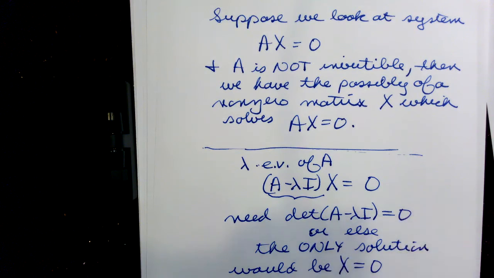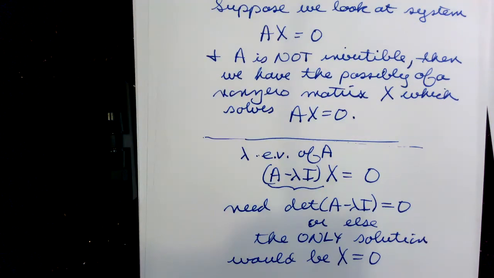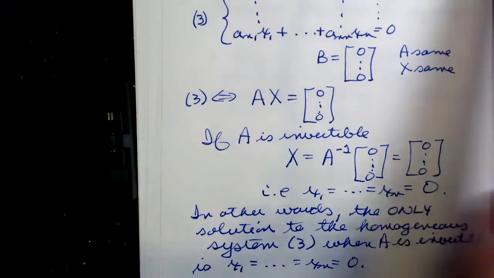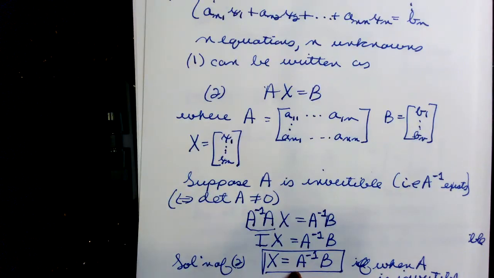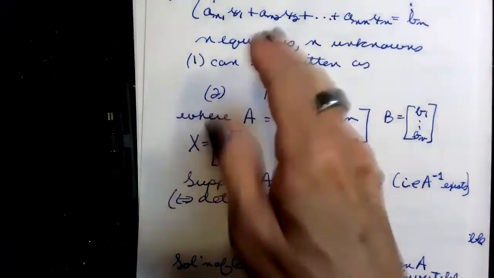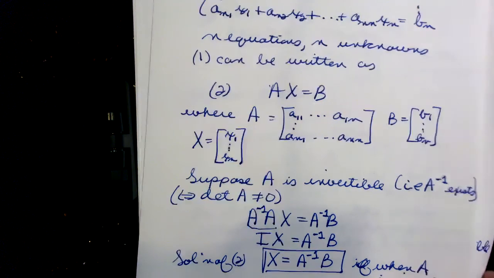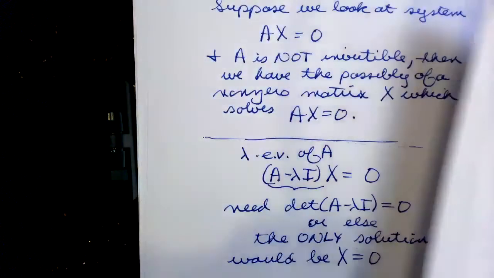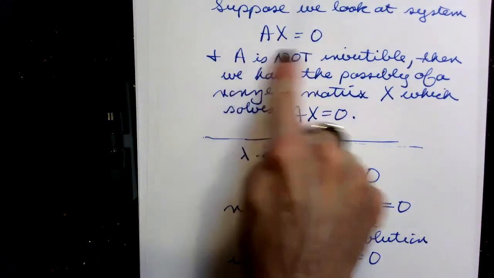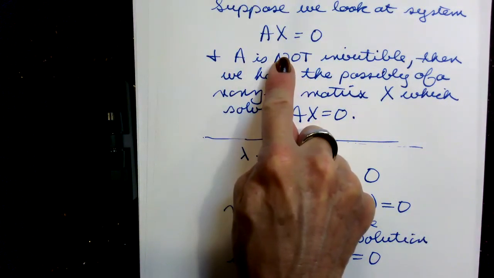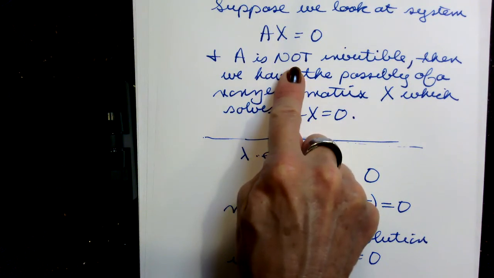So this way of solving a matrix system is not really useful in general. Nobody wants to solve it using the first thing we wrote down. Finding the inverse of a matrix is much harder than just going through the elementary row reduction that we talked about, the Gaussian elimination. But for the theory, it's important to know that you can do this, and also to know when you can solve this homogeneous system of equations and hope to have a non-trivial solution.